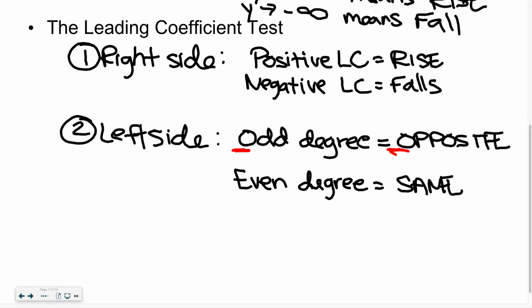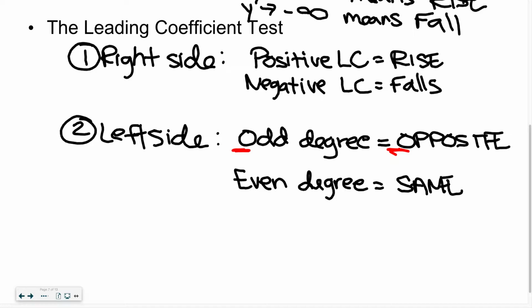Because they're whole numbers, positives or zeros. So you won't have to be looking if it's positive or negative. You're going to be looking if it's even or odd. If it's even, then what's your left side doing? Rise. If it's odd, what's your left side doing? Falling. Okay? And you would just base it off of what you already answered for number 1. Okay, is it the same or is it opposite?